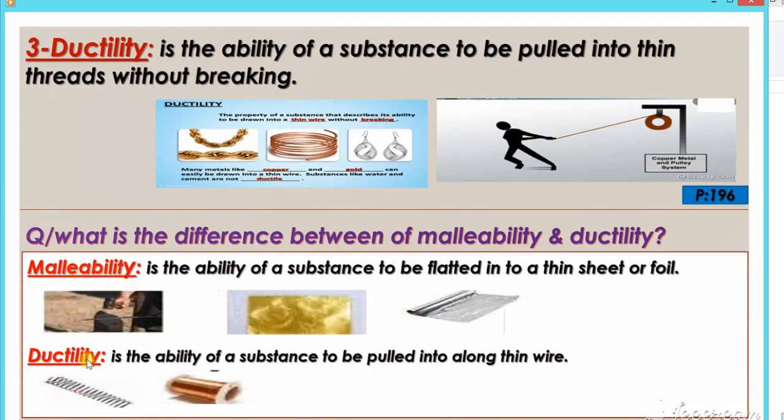Malleability and ductility are both without breaking. A substance that has the property of ductility is ductile. The opposite of malleable and ductile is brittle.